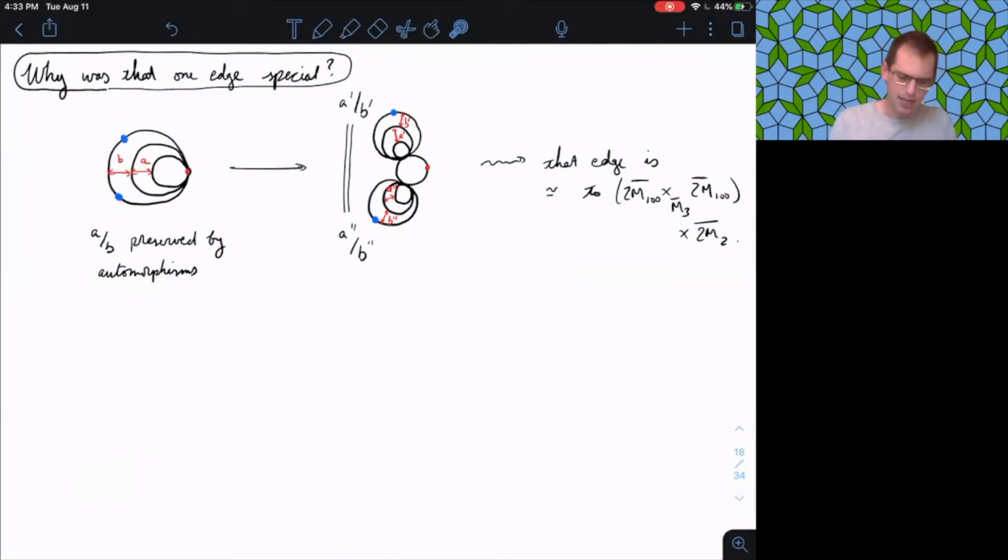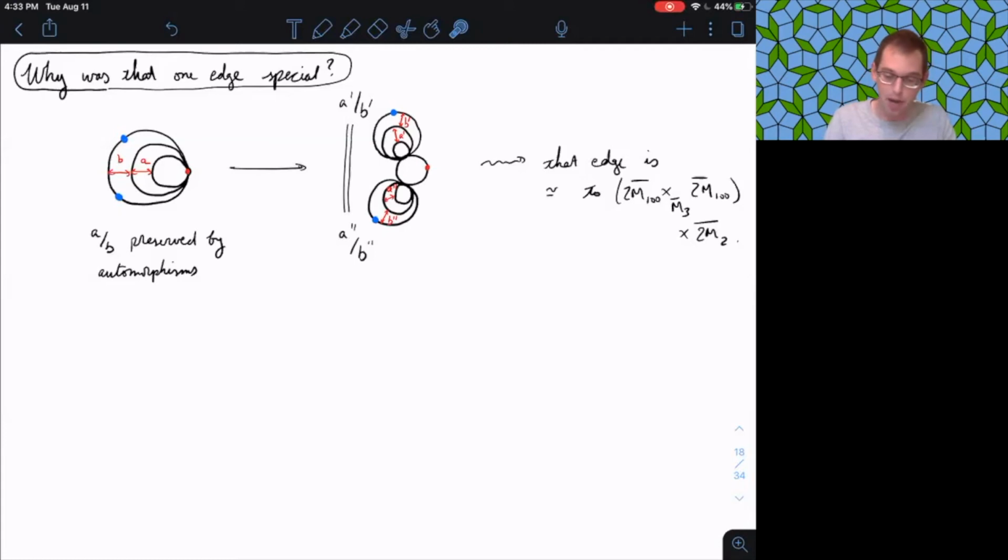The point here is that if we look at an element of the interior, then we have these 2 widths, sort of strip widths, that I'm calling B and A here. We can take this ratio of A over B, and it turns out that that's preserved by automorphisms. So if we do this degeneration and form these 2 bubbles, each of those bubbles has the same modulus.